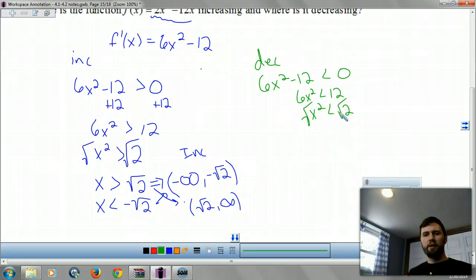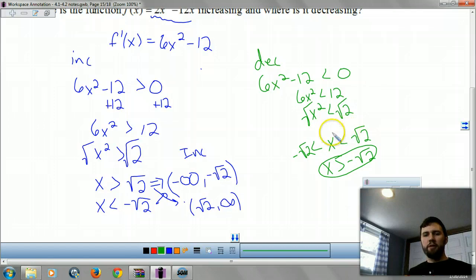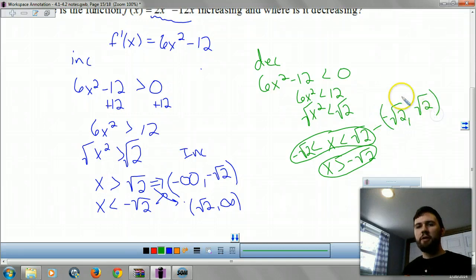For less than, you get x is less than square root of 2 and x is greater than negative square root of 2, which intersect. So in interval notation, from negative square root of 2 to positive square root of 2, we are decreasing.